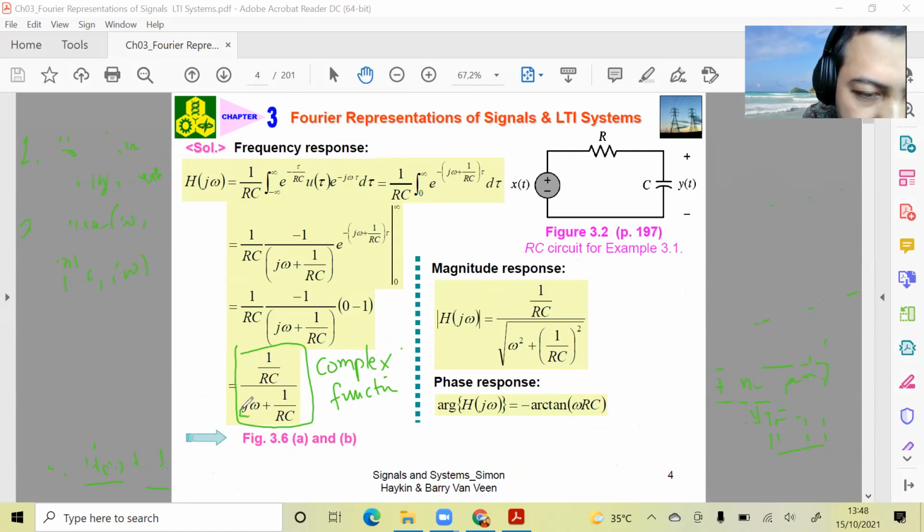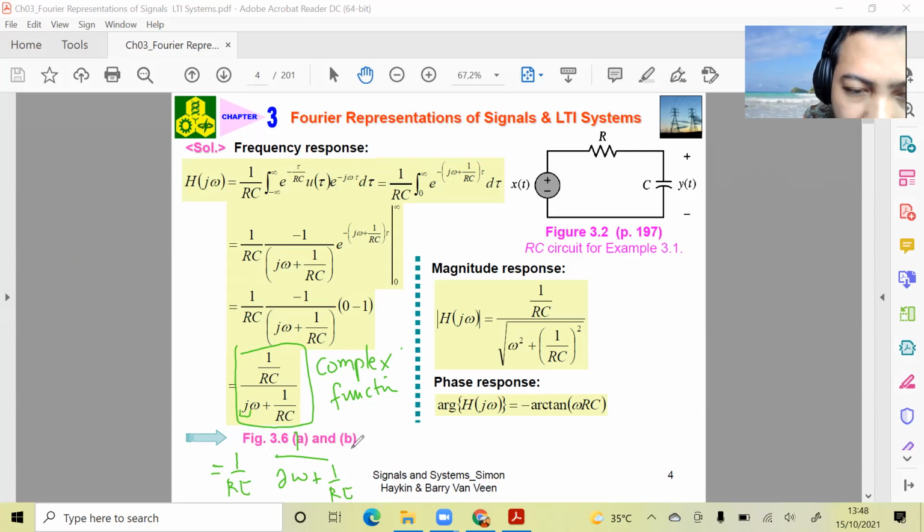Because it consists of a complex symbol, and you can see here we can rewrite it as 1 over RC plus jω.